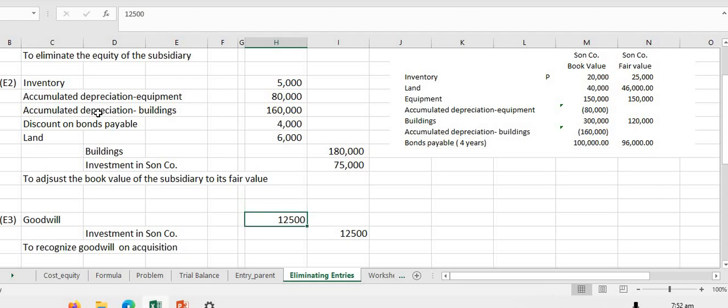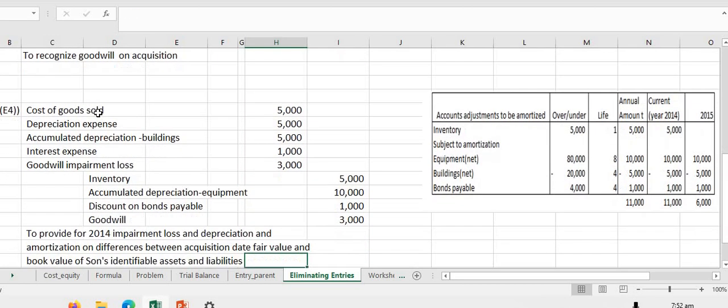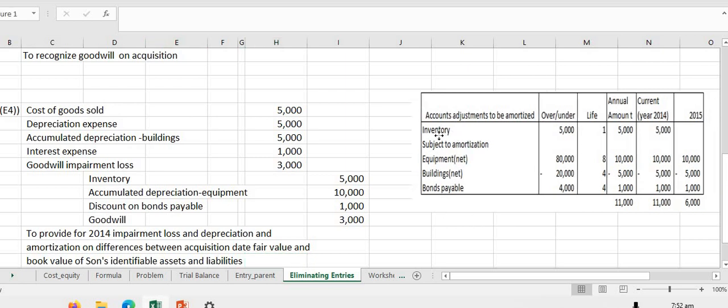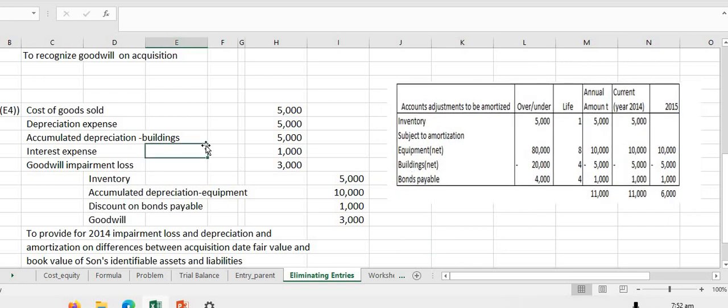We've computed goodwill at 12,500. Okay, this is our next entry, which is to amortize the excess.